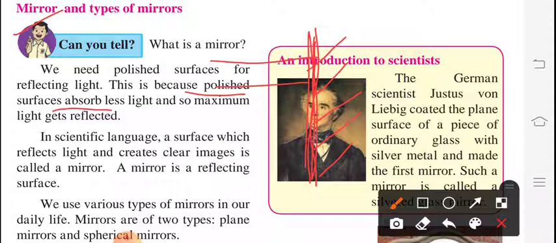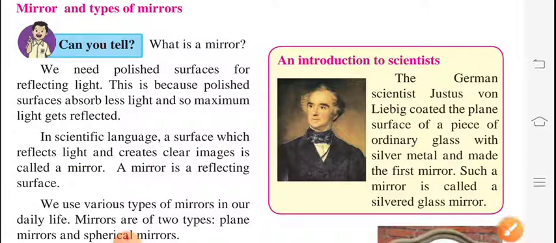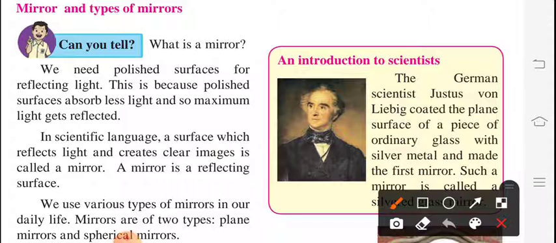In scientific language, a surface which reflects light and creates clear images is called a mirror. What is the definition of a mirror? A surface which reflects light and creates clear images is called a mirror.